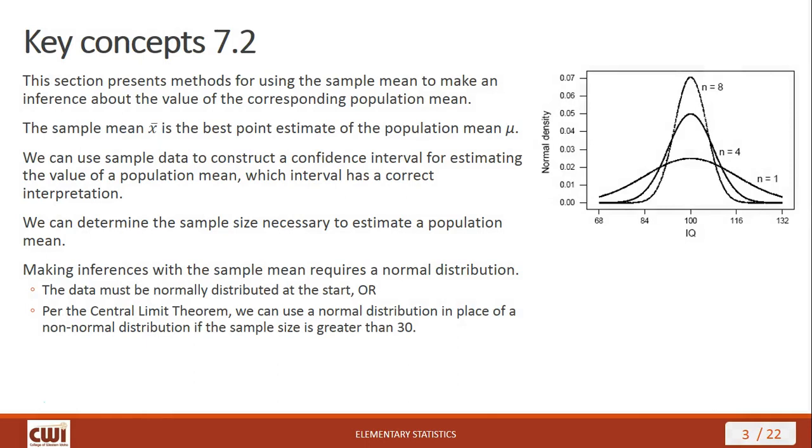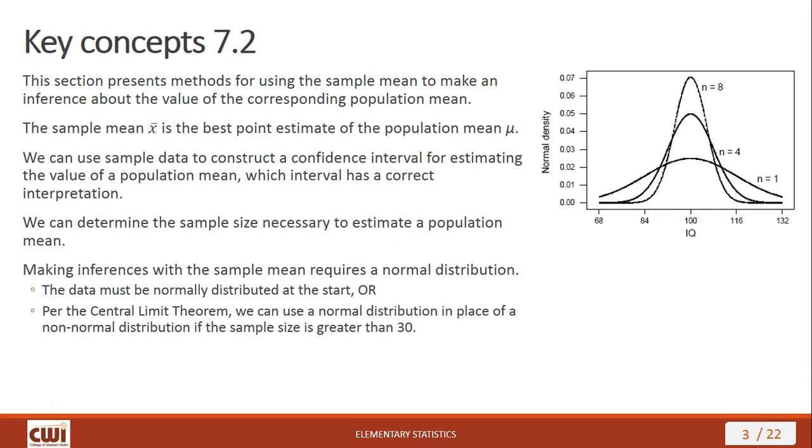In this lecture, we're going to present methods for using the sample mean to make inferences about the value for the corresponding population mean. Because means are unbiased estimators, the sample mean x bar is the best point estimate for the population mean mu.